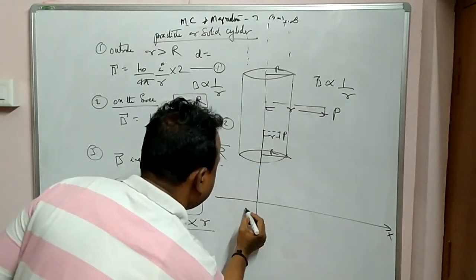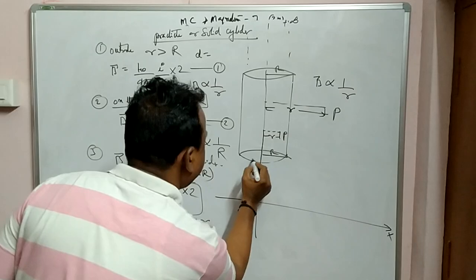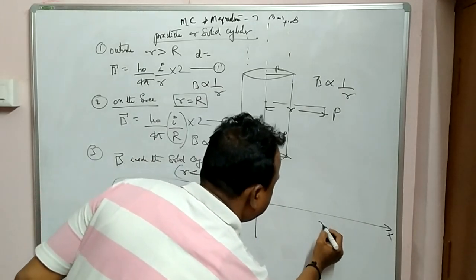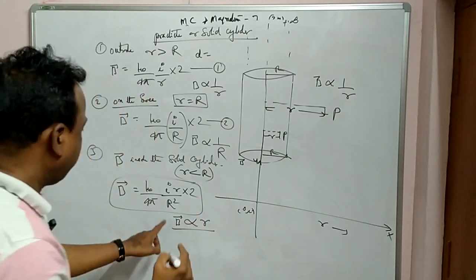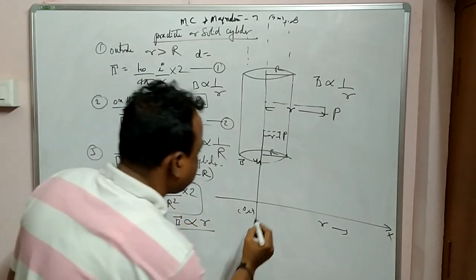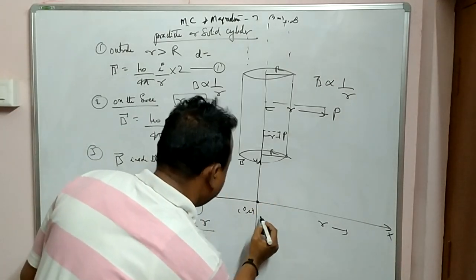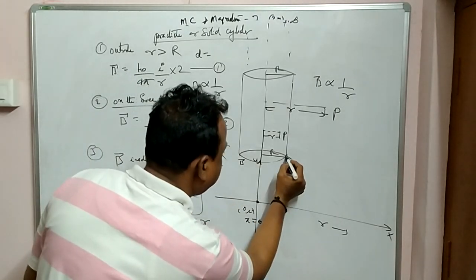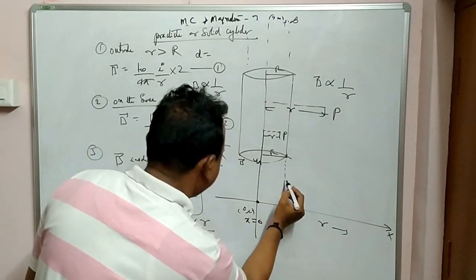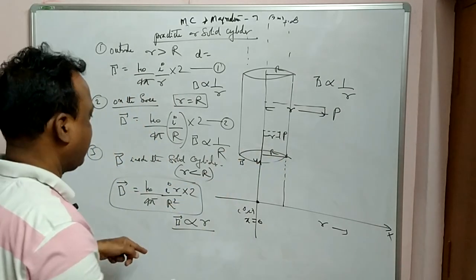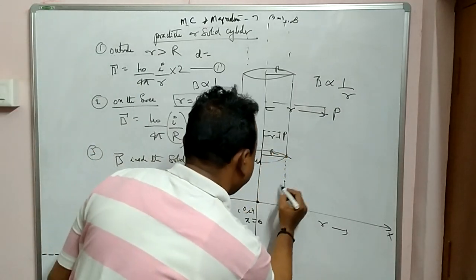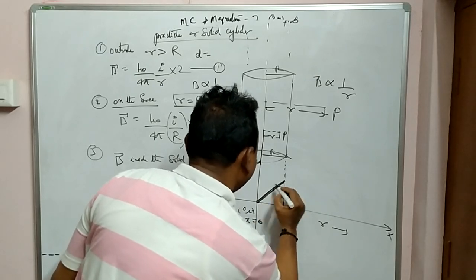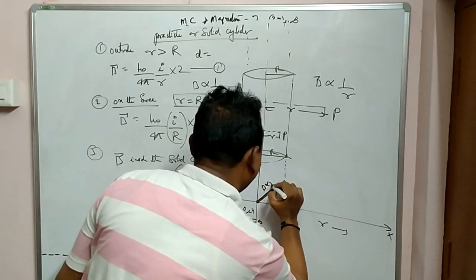On the y-axis is the magnetic field and on the x-axis is the radius. Starting from x equal to 0, you can see this is the radius point. Inside, B is directly proportional to r, up to this point.